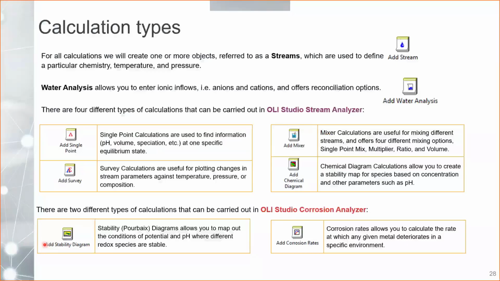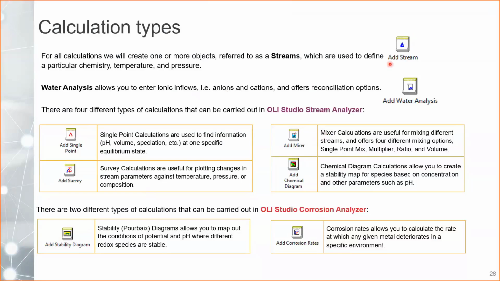So when we go to the software, we will see different calculation types. And these calculation types, here I have divided them into the stream analyzer and the corrosion analyzer. When we need to define our chemistry, there are two options.